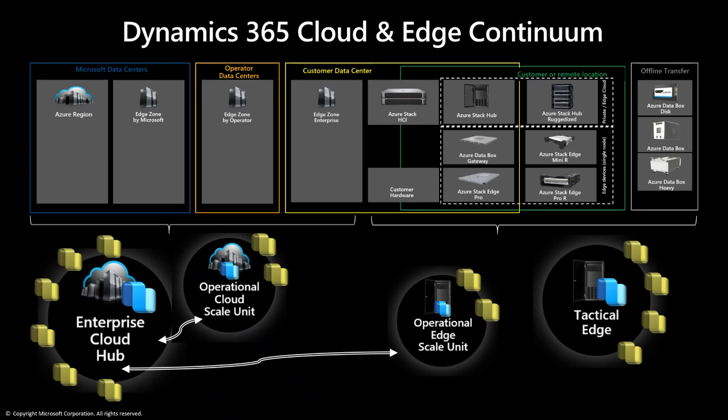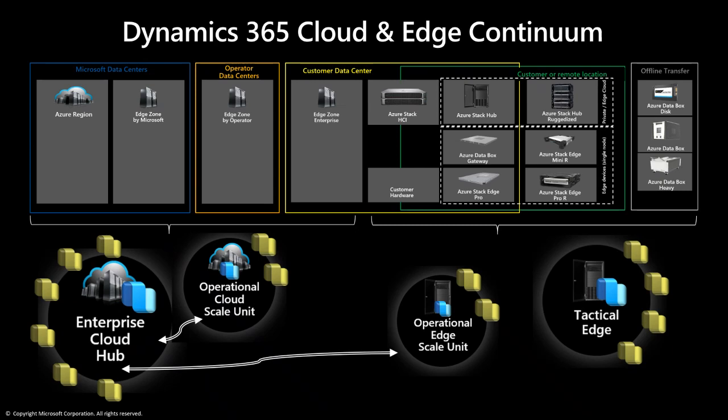From a hardware perspective, this is what this ends up looking like, depending on your deployment option that you choose. So you can see here, we have our main Azure regions, and this again would be our traditional deployment options, right? So finance and operations deployed in an Azure data center hosted by Microsoft.